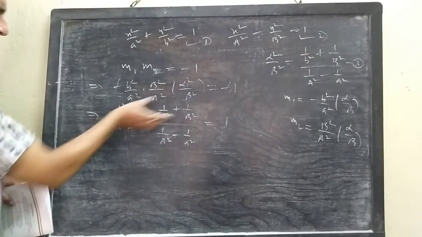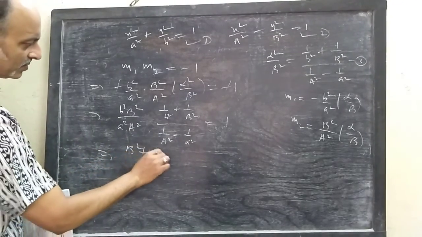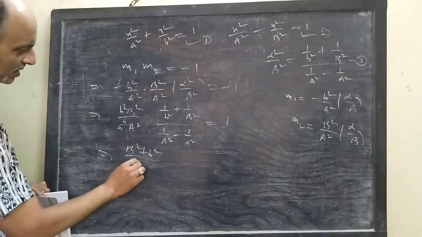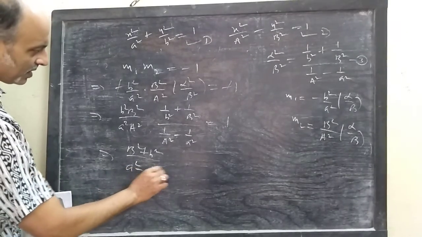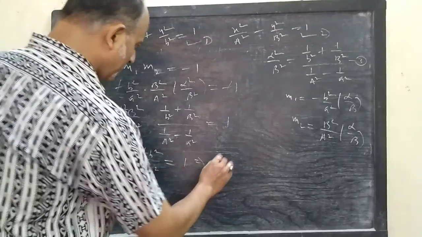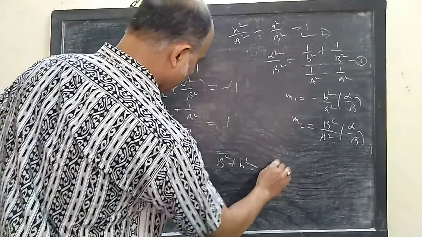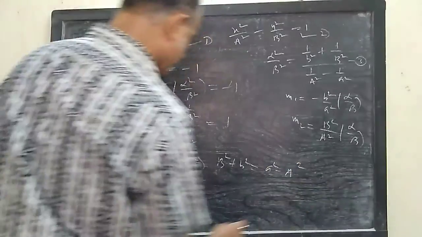Then multiply this here, multiply this here. You get capital B square plus small b square; here you get small a square minus capital A square equals 1. Now just do cross multiplication: capital B square plus small b square equals small a square minus capital A square.